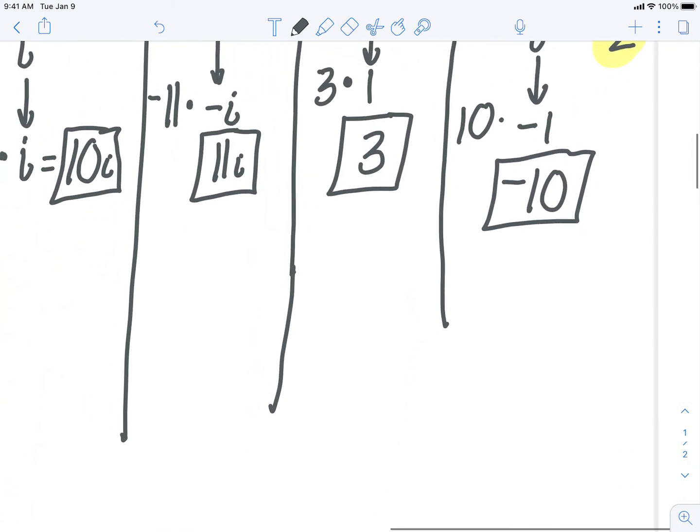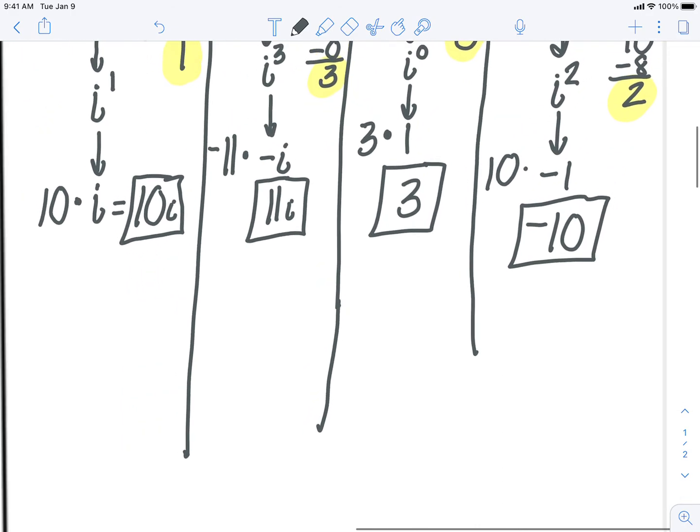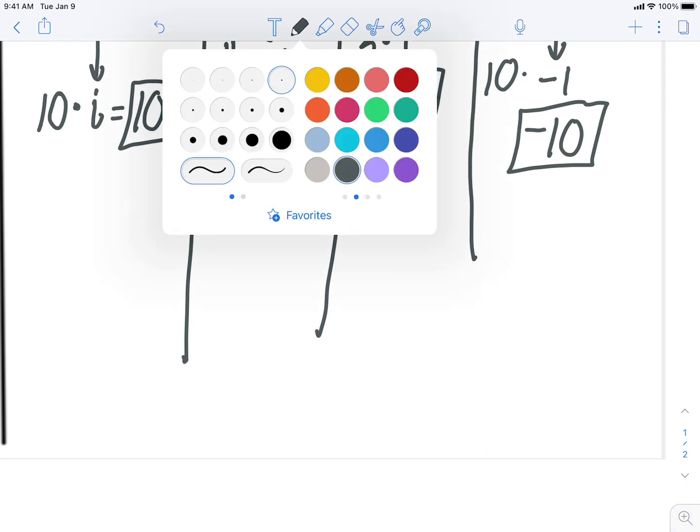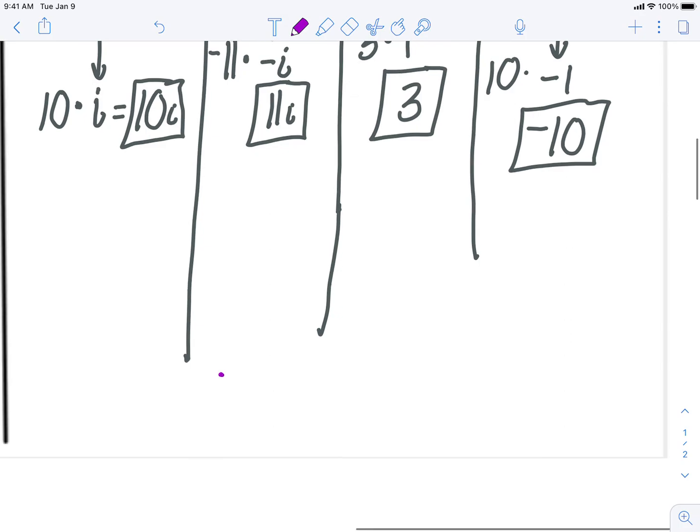So let's put together our 4 parts. Remember, regular numbers first. So my first regular number is 3. So I'm going to write 3 here. My next regular number is negative 10. So I'm going to write negative 10.